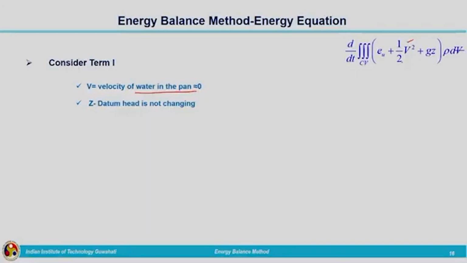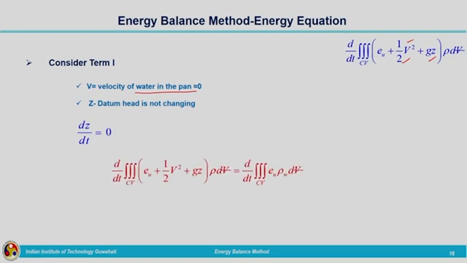So, we can consider the time rate of change of the velocity term and of gz; there is no change taking place, so dz by dt can be taken as 0. This term will then have only one term related to internal energy. It can be written as d by dt over the control volume of EU rho W dV.